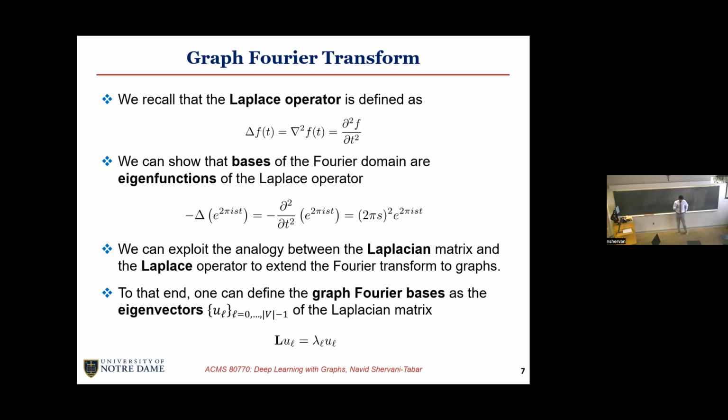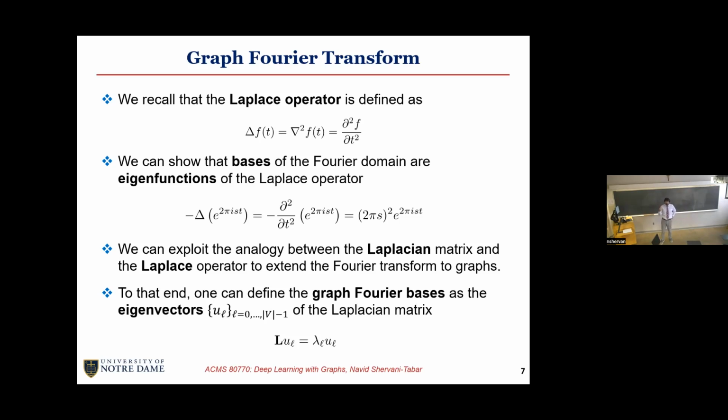This spectral domain is the analog of the Fourier domain for graphs. We have some traditional signal processing tools defined on the Fourier domain for data on Euclidean space, for images, for voice, for those types of 1D and 2D signals.